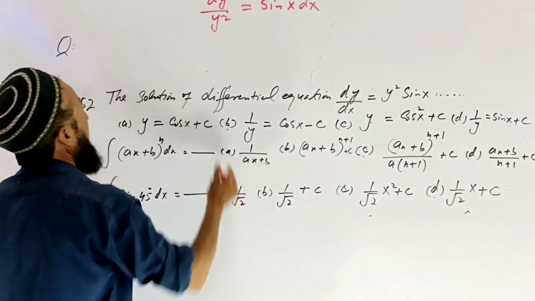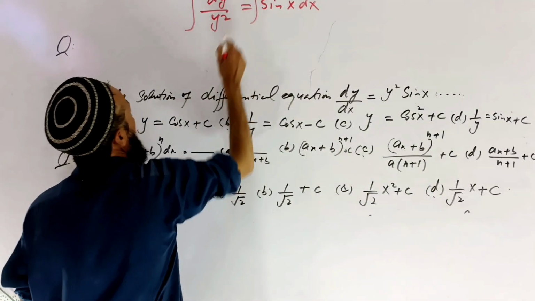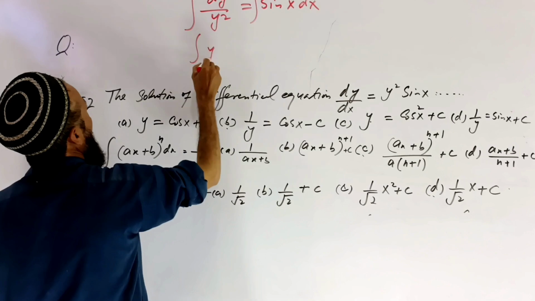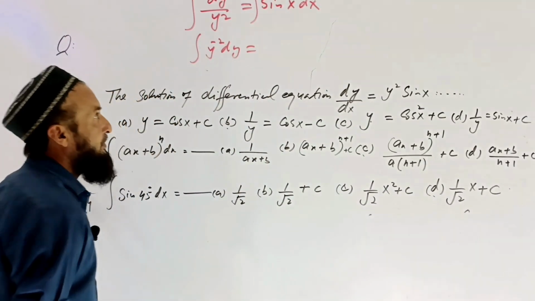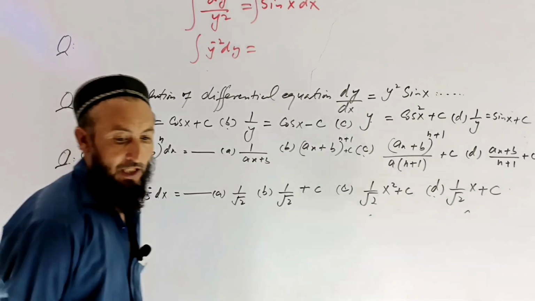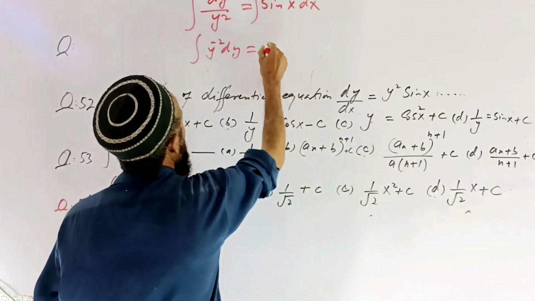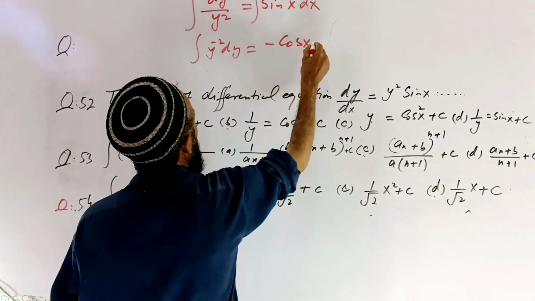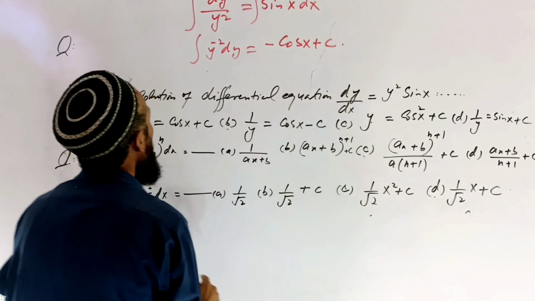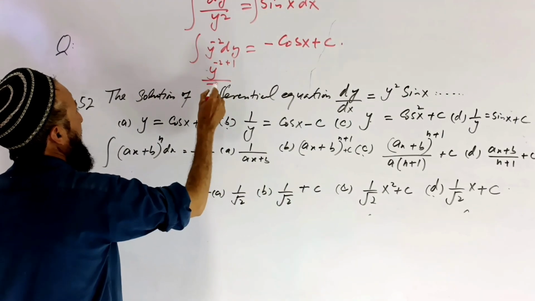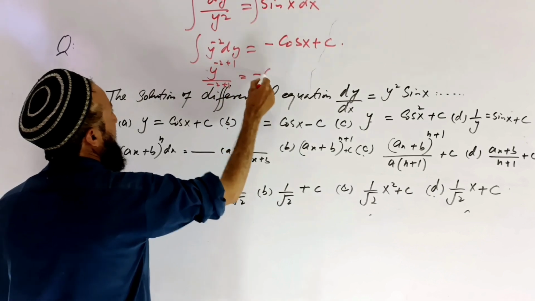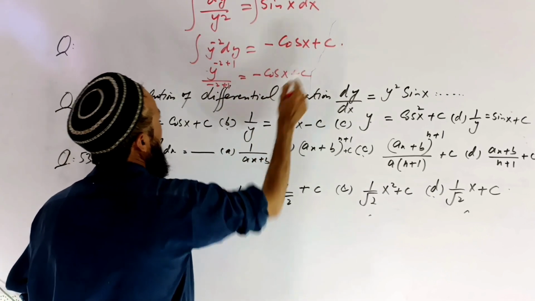Now taking integration on both sides, we can write y to the power minus 2 dy and the integration of sin x dx. We know that the integration of sin x is minus cos x plus c. So here we can write y to the power minus 2 plus 1 divided by minus 2 plus 1 is equal to minus cos x plus c.